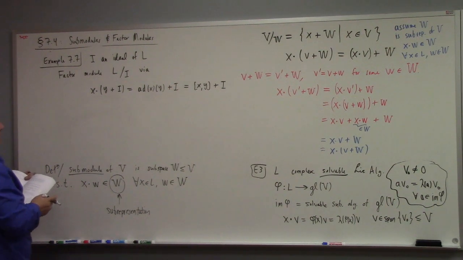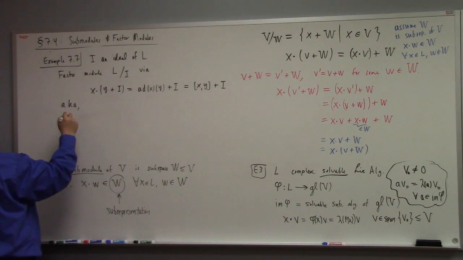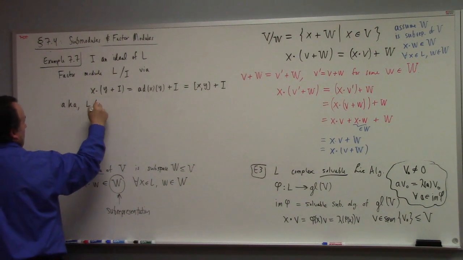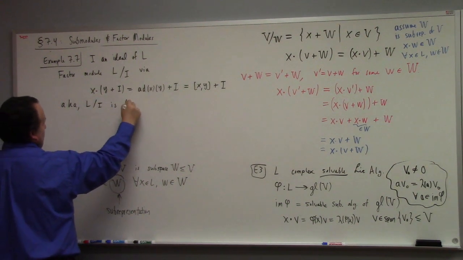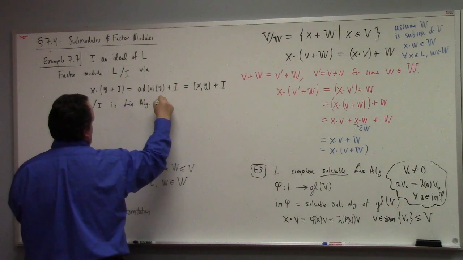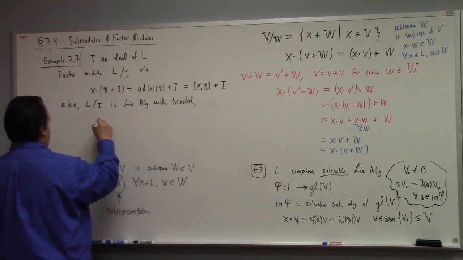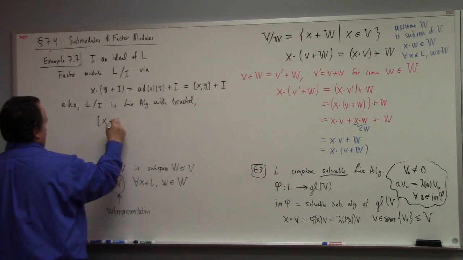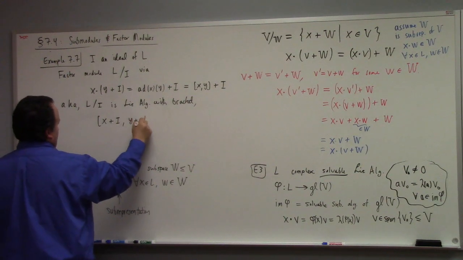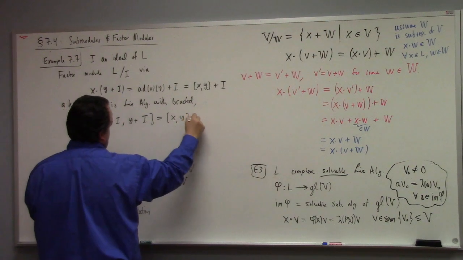Also known as, L mod I is a Lie algebra with bracket. If we take the bracket of X plus I with Y plus I, we just bracket the representatives.